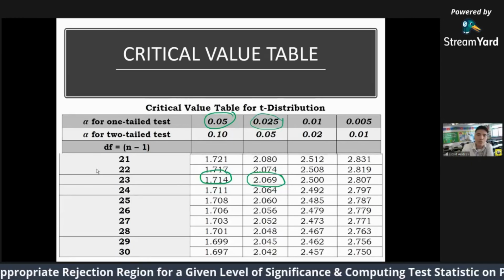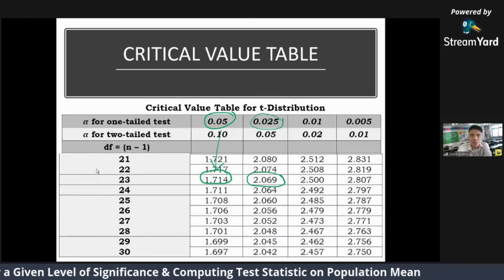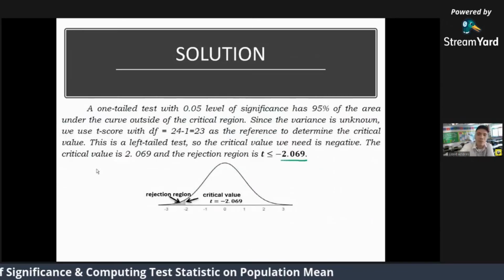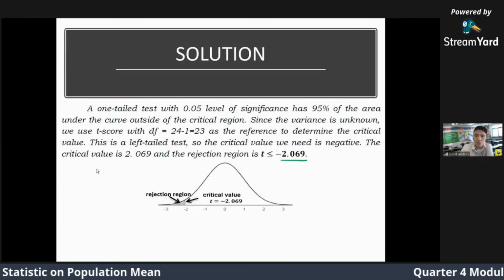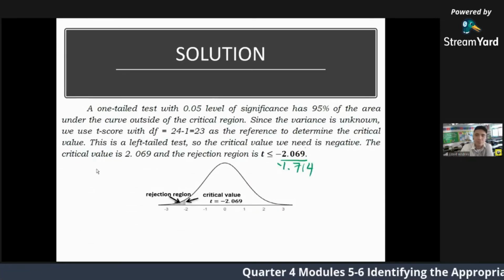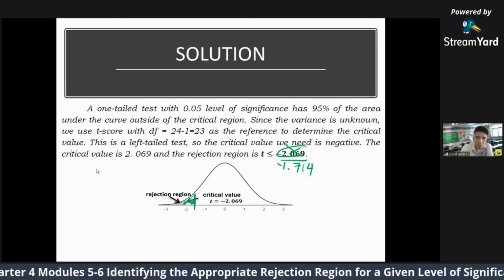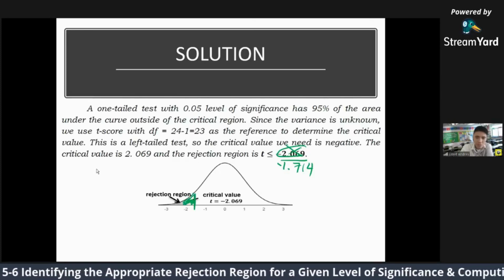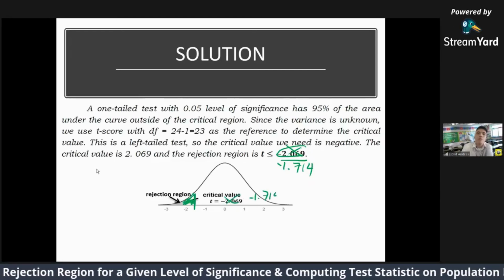Dire dapat. So, alpha one-tail, 0.05, 1.714 dapat. So, dapat negative 1.714. Negative 1.714 dapat na. And then, dapat dire, ara na dire ang shaded region. Dapat t must be negative 1.714. Mao ni ang critical value na.